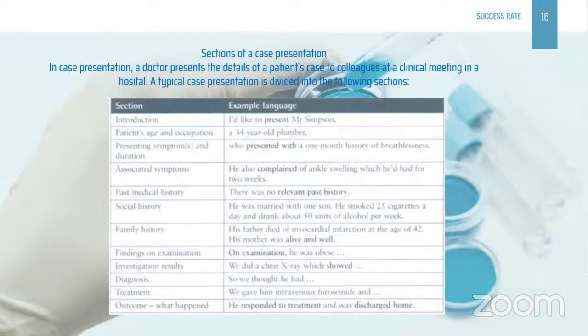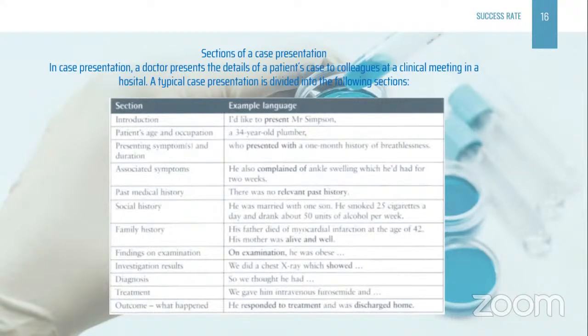Past medical history: there was no relevant past history. Social history: he was married with 1 son. He smoked 25 cigarettes a day and drank about 50 units of alcohol per week. Family history: his father died of myocardial infarction at the age of 42. His mother was alive and well.